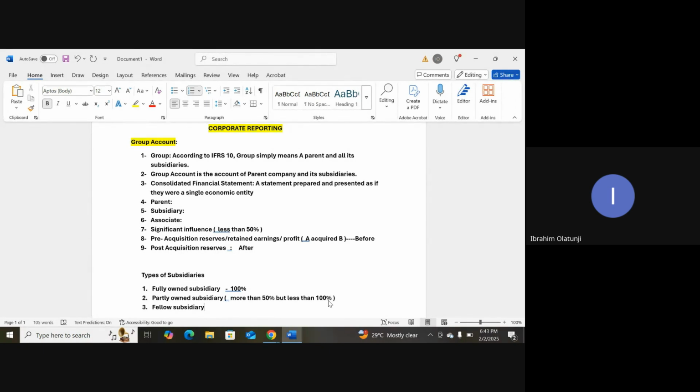Like if entity A, that is company A, is controlling company B, company C, company D, that's what I mean by fellow subsidiary.